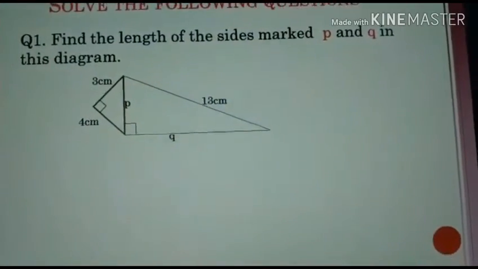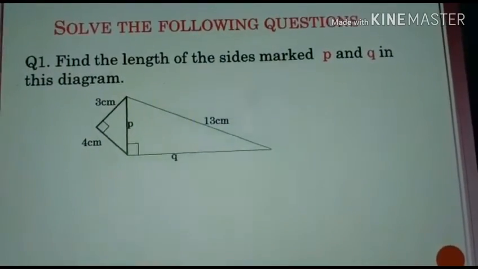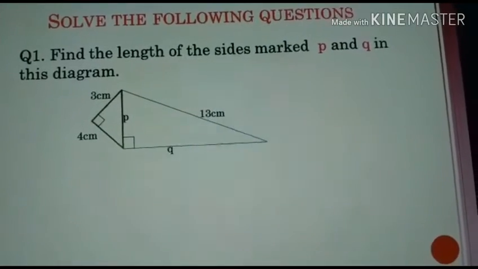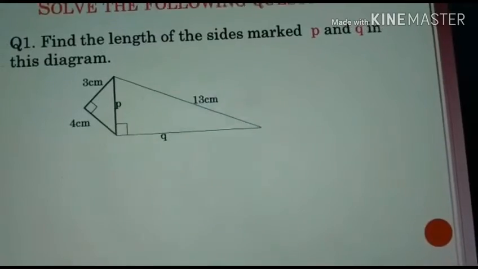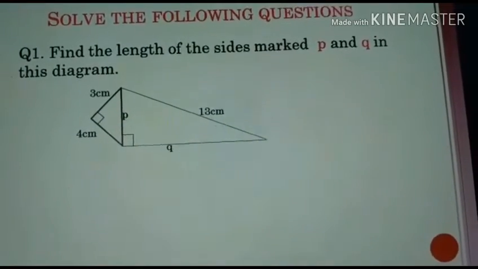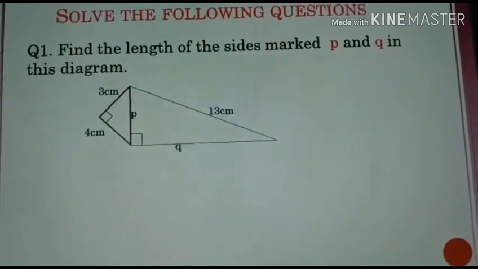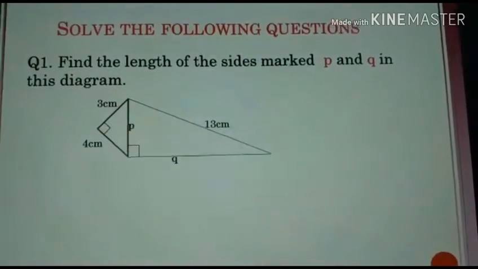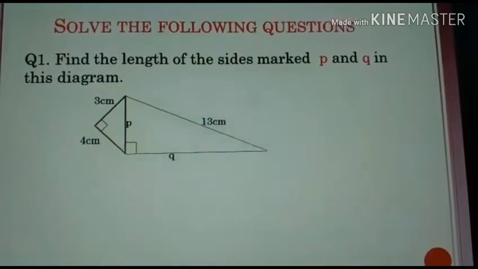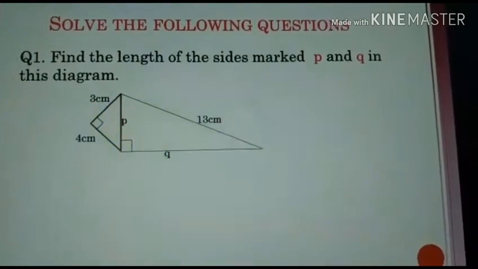So first we have to consider the small right angle triangle and find the value of P. Then after getting the value of P, we can use the second right angle triangle to get the value of Q. Okay. So from the small right angle triangle, we can use the Pythagoras theorem.